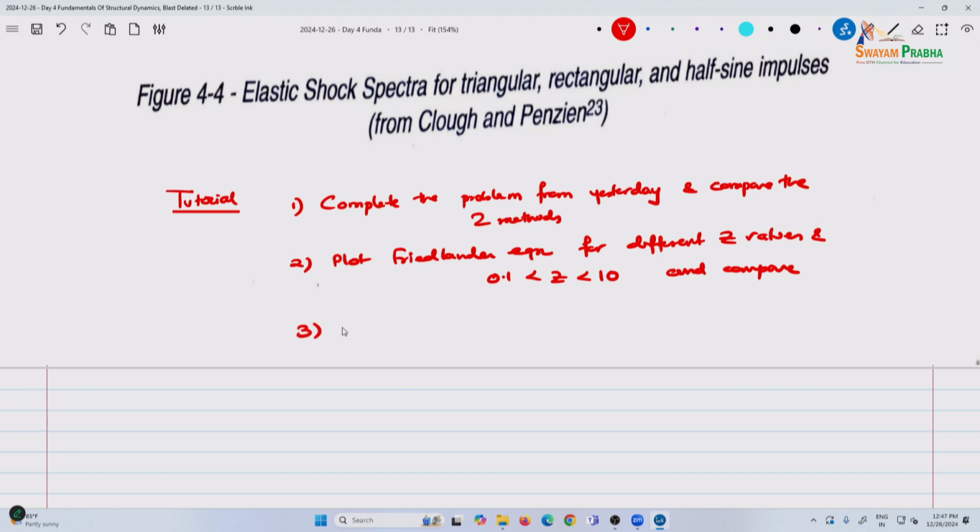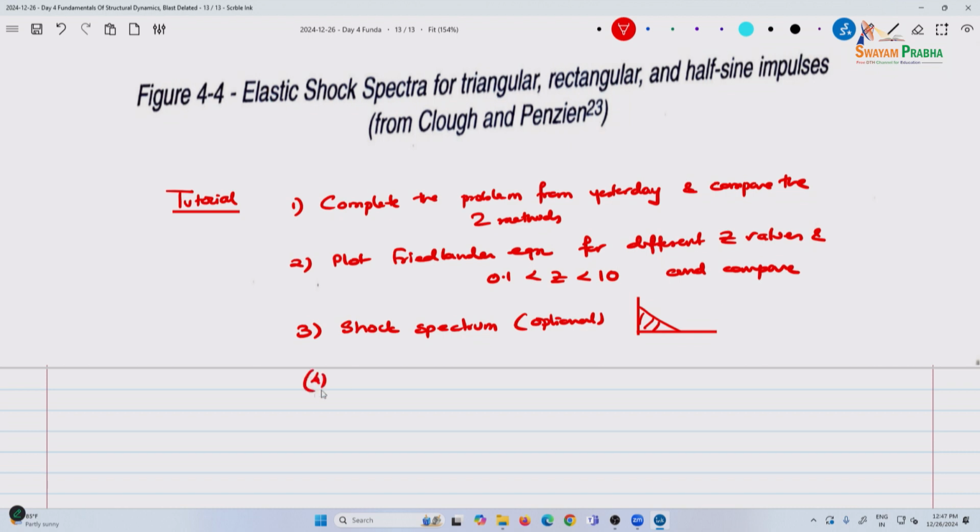And the third is, there is a small example. You can try it, or you can try it later too for this case and see what you get.